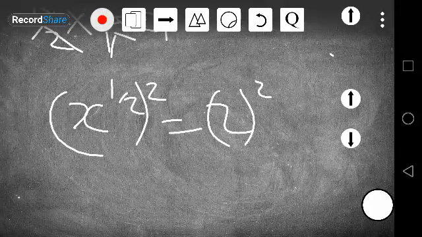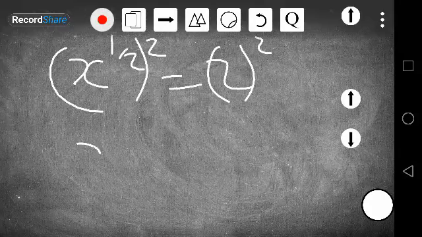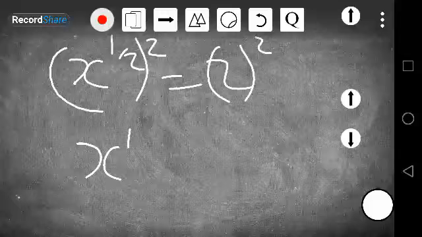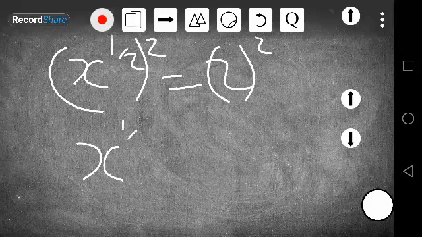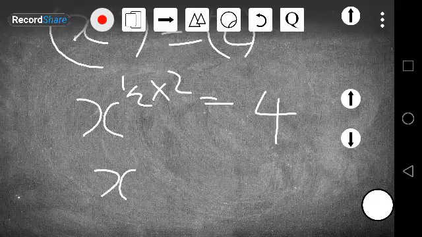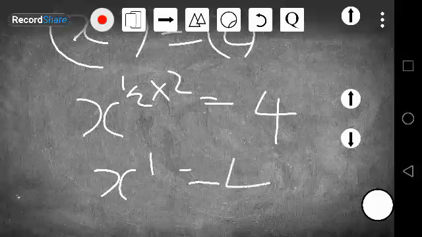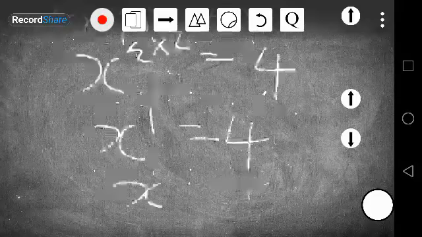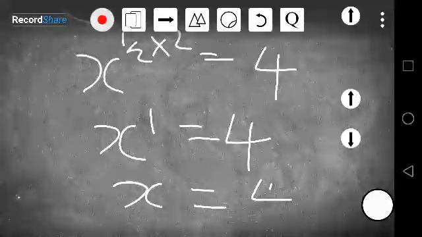So this becomes x to the 1, because we have used our law that half times 2 is 1, and 2 to the power 2 is 4. So we remain with x to the power 1 equals 4, and x to the power 1 is the same as x. So x is equal to 4.